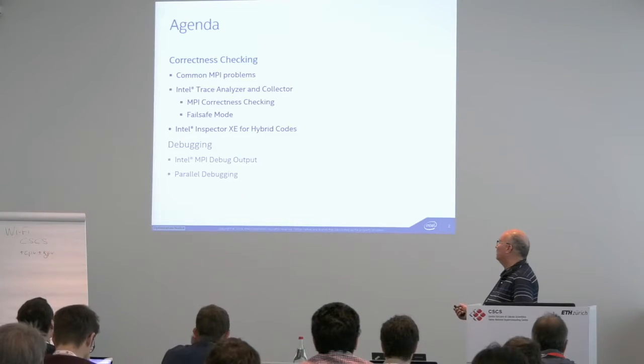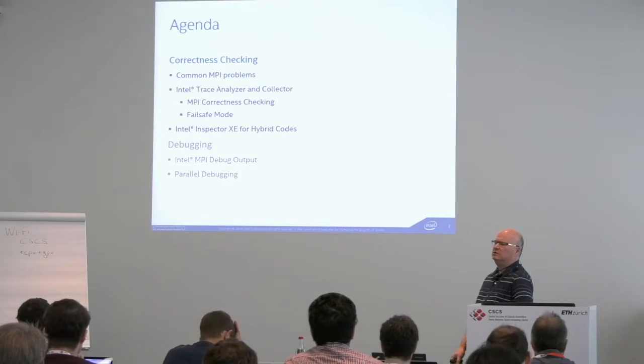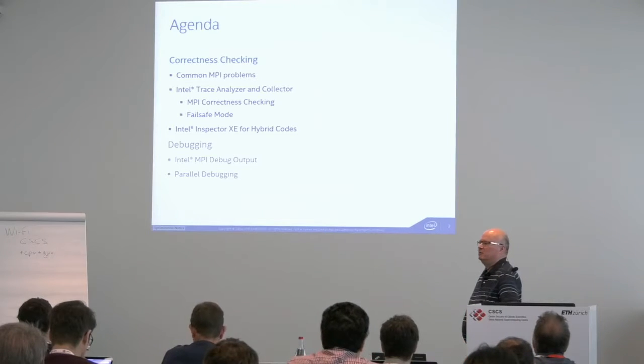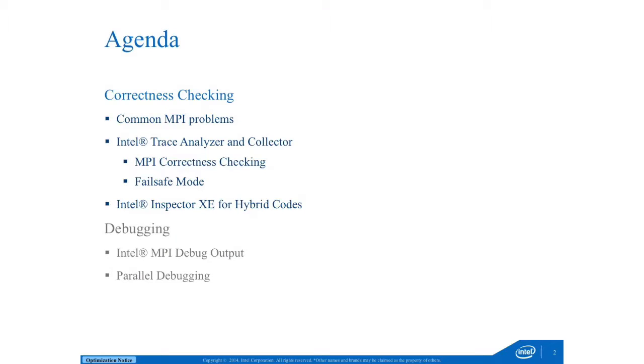In MPI correctness checking, there is the fail-safe mode. Fail-safe mode is used for the Intel MPI, where you have a special implementation that tries to get a trace file even when the application crashes.